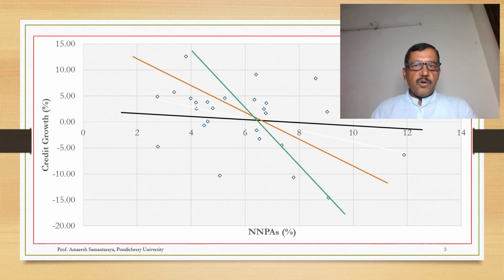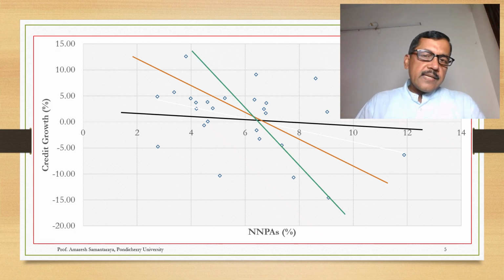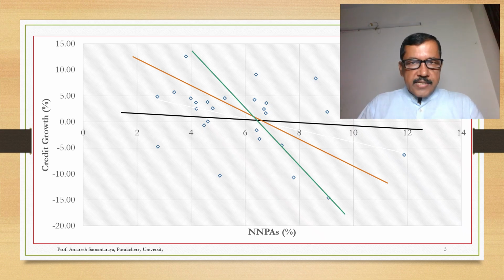By econometric model, I mean, can we fit a straight line which can explain the relation between bank NPAs and credit growth in the best possible manner? If we don't have an objective criterion, different individuals can draw different inferences from this scatter plot, which portrays the relationship between net NPAs and bank credit growth.